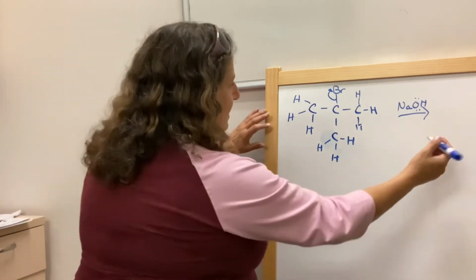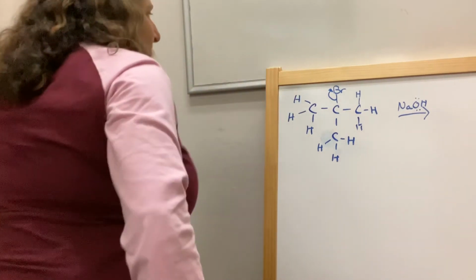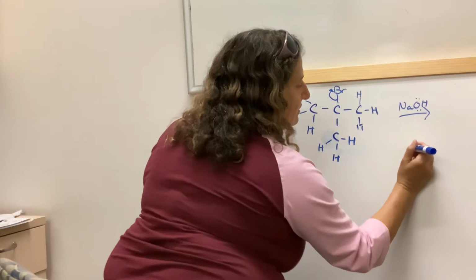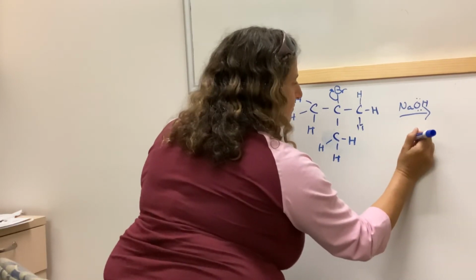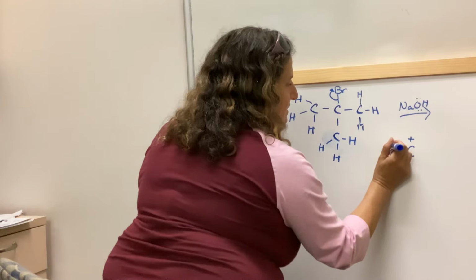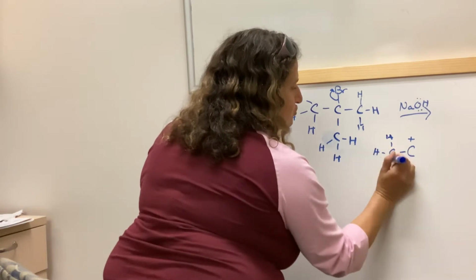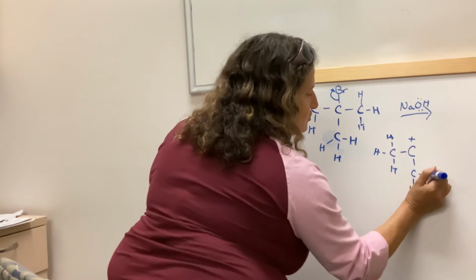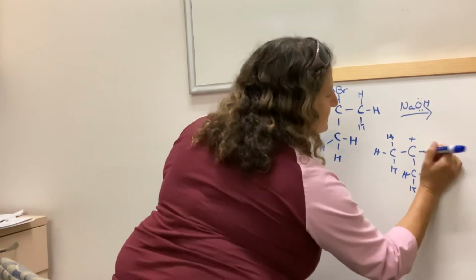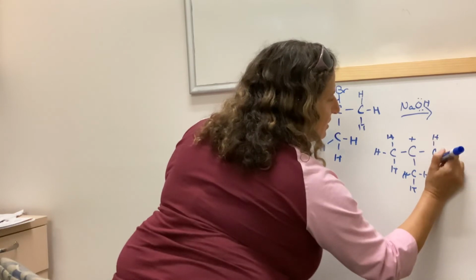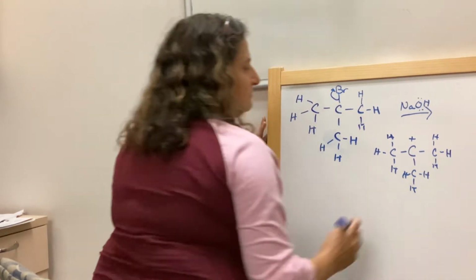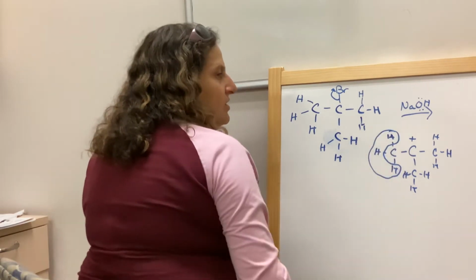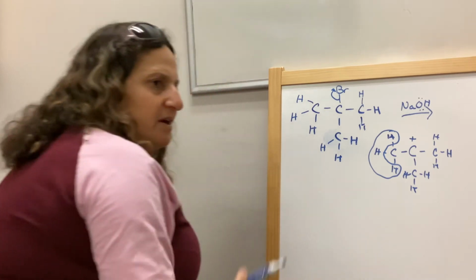So what's going to happen is I'm going to get C plus, C, H, H, H, C, H, H, H, C, H, H, H. All of these hydrogens, we call them beta hydrogens.